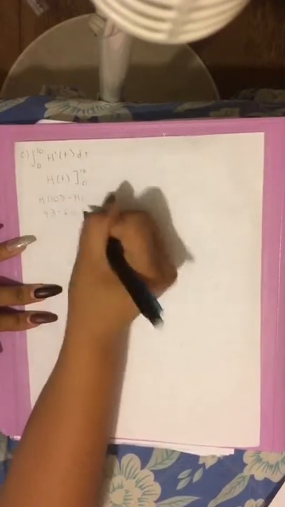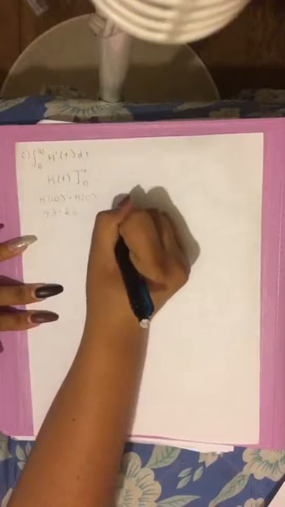So we only need to plug in 10 and 0. It will be h(10) minus h(0), which will be 43 minus 66, which will equal negative 23 degrees Celsius.